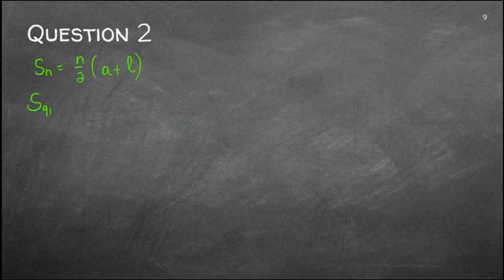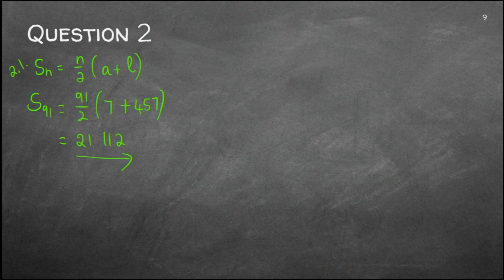So S of 91 is 91 over 2 times (7 plus 457). And let's quickly calculate that. So remember, you could have used the other equation as well. It would have been 100% correct as well. And we get a value of 21,112. And that's the answer.